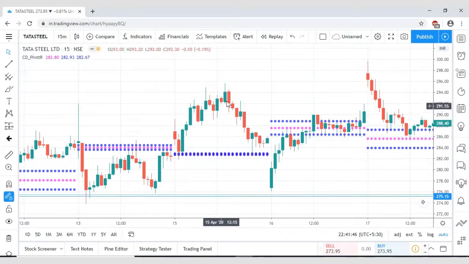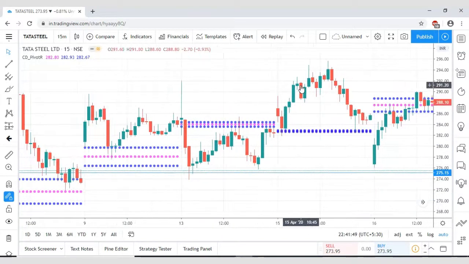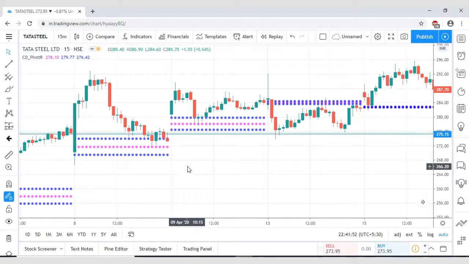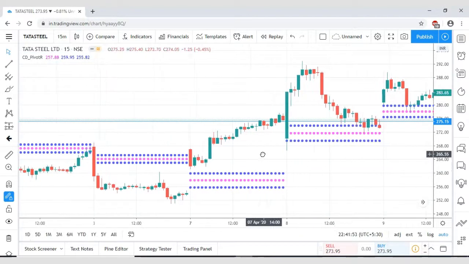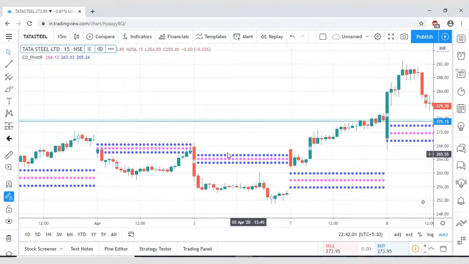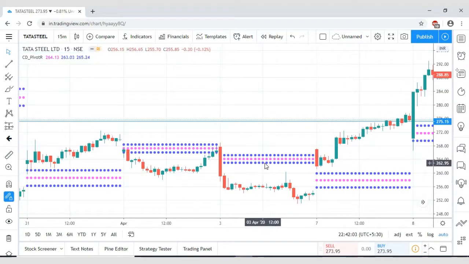But if you take a wide CPR, when the gap is very small, generally what happens is the trending day will not be happening. Again see here, the CPR is very narrow, and you can see a downside trend.